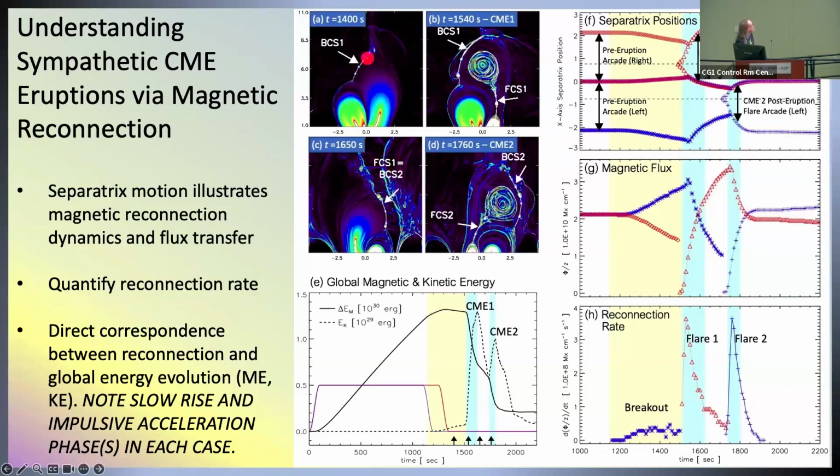So I've created a current sheet. I've got a lot of little plasmoids in that reconnection region, and eventually this expanding field builds up a vertical current sheet here, and you get your typical flare reconnection. You create a flux rope up here, you create a flare arcade down here, and this allows basically all of this stressed energy in the right arcade to erupt.